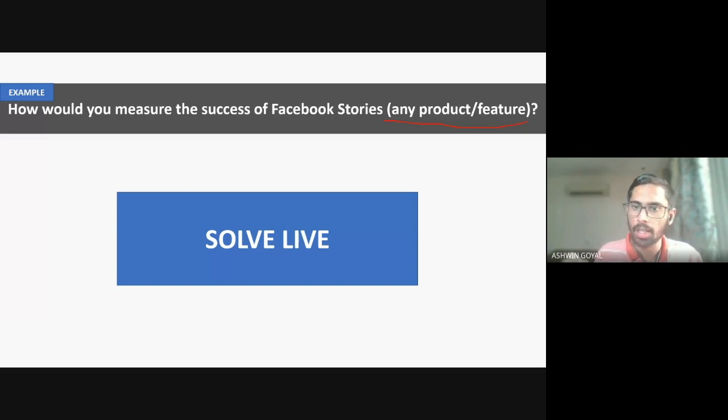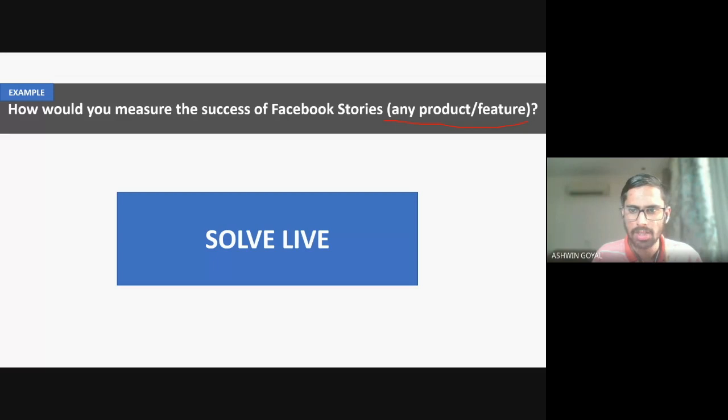And here, you should ask questions like, let's say, are we talking about, now Facebook stories is a very specific product, but usually they give some broad products like success of YouTube or success of Facebook. Now within Facebook, we need to narrow down on what exactly they want to measure the success of, right? Yes, you can ask how many people know about this?